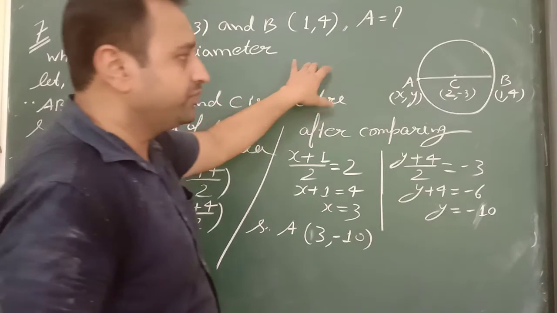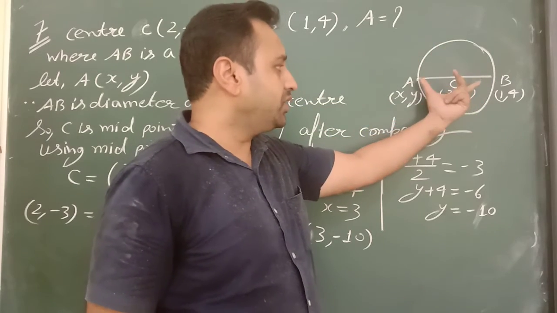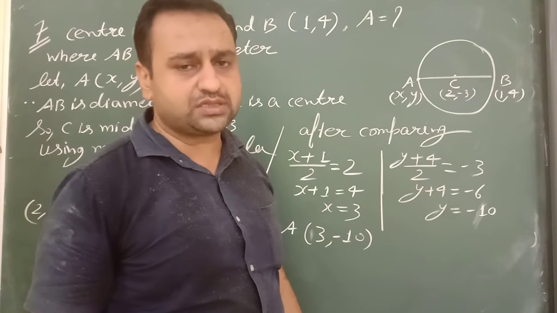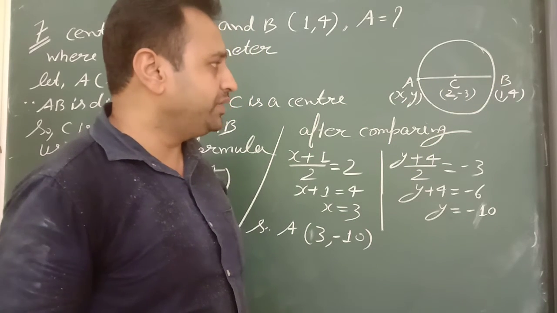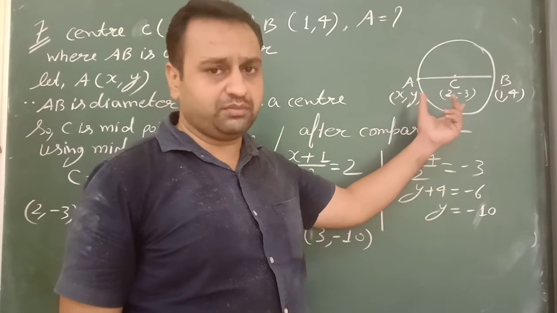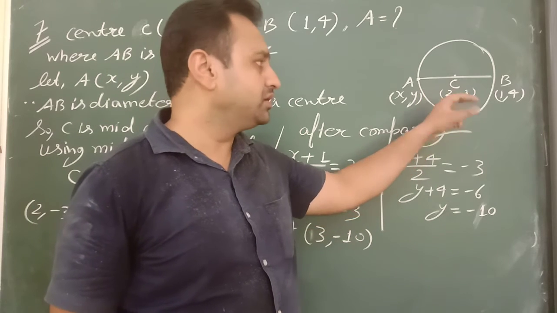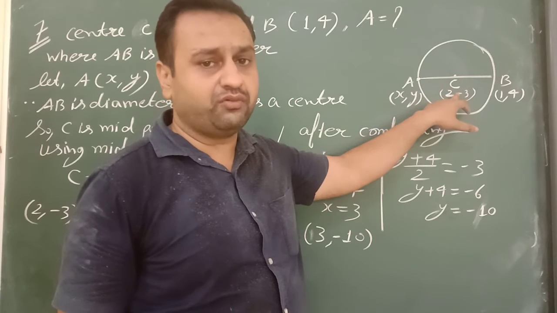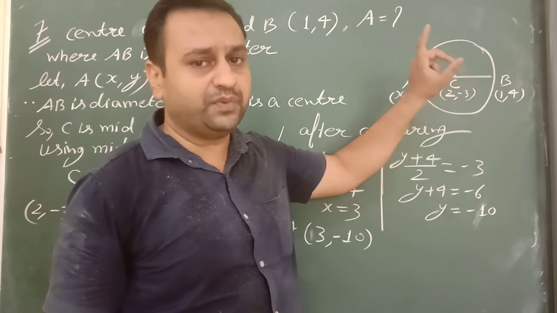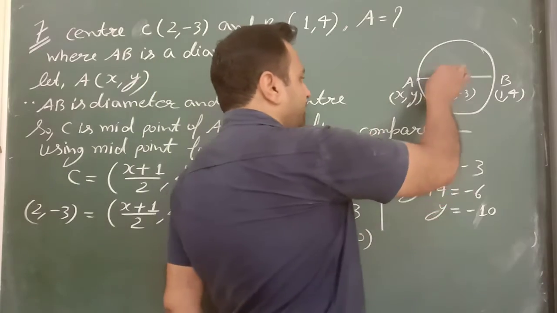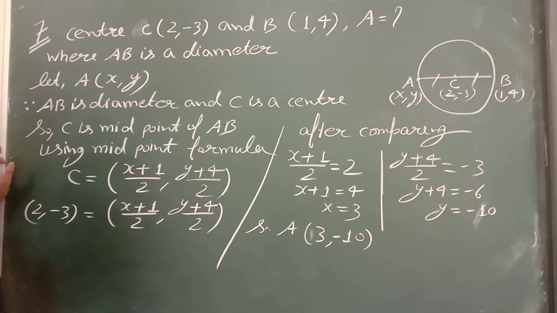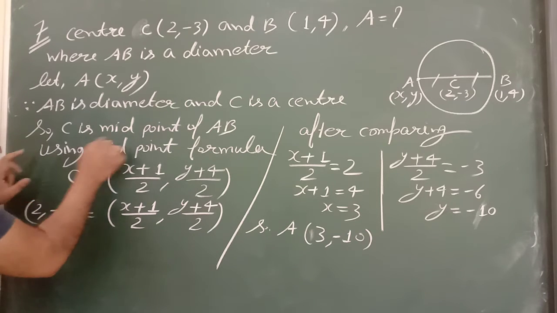AB is a diameter. A diameter is the longest chord of the circle, and it passes through the center. So C lies on the diameter, and C is obviously the midpoint of AB.